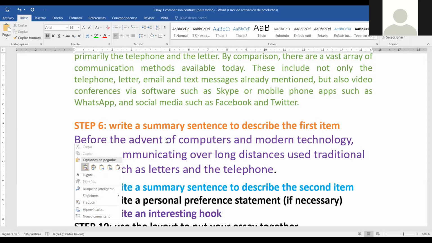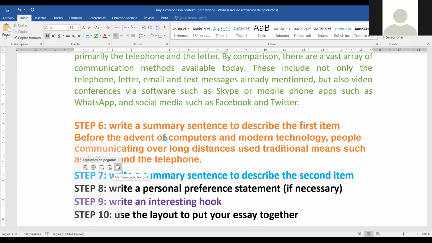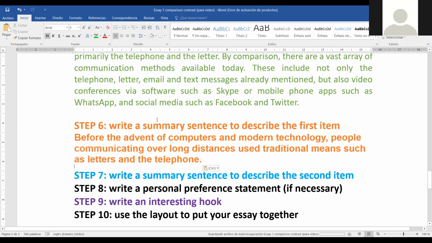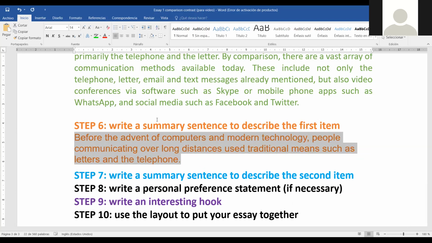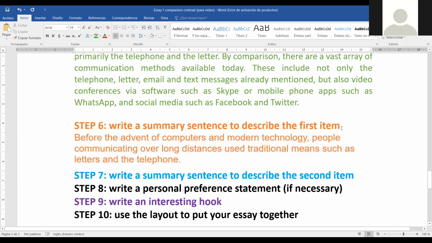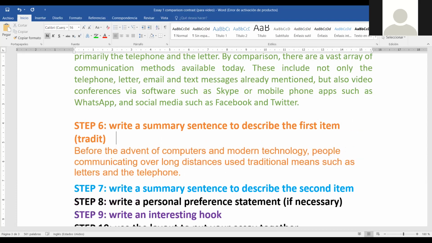This is my sentence for the first part, which is: before the advent of computers and technology, people communicating over long distances used traditional means such as letters and telephone. This is something that describes the first one. Remember that the first one in this case is the traditional methods.